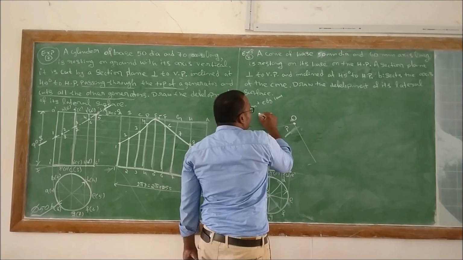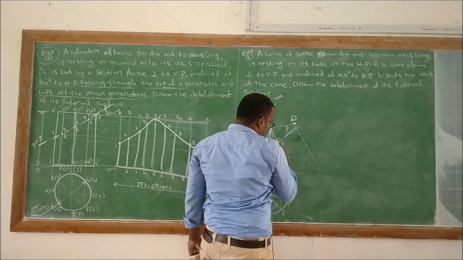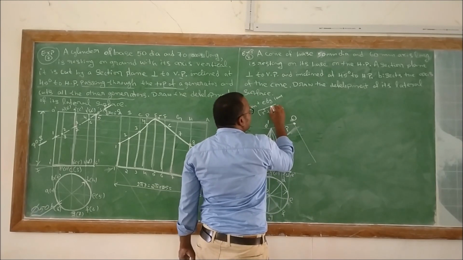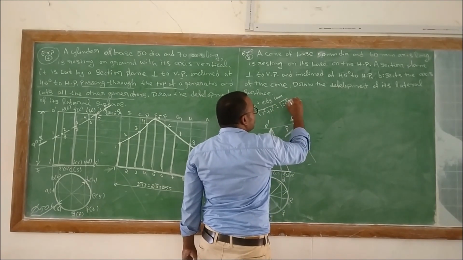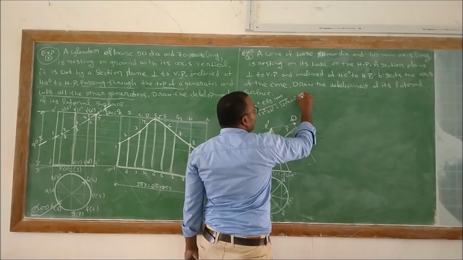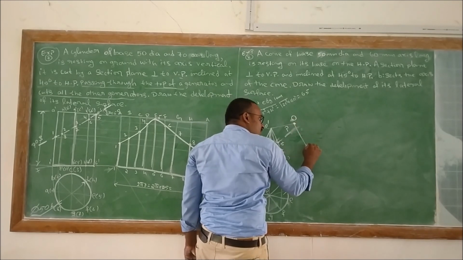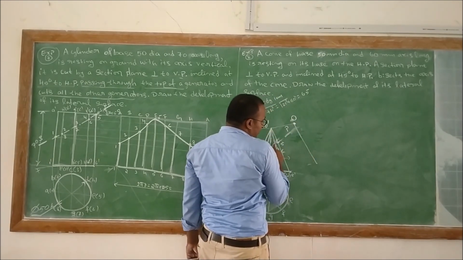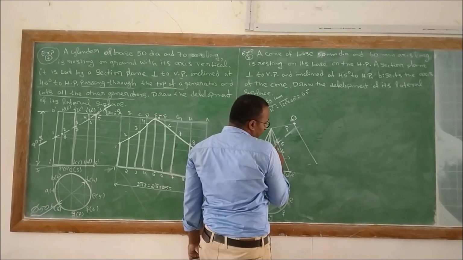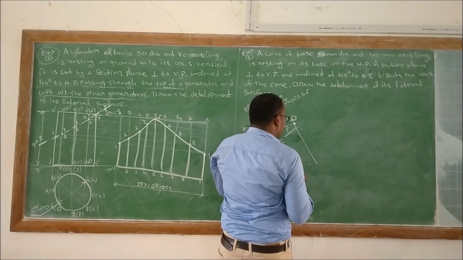Slant edge length is equal to root of small r square plus axis height h square, which is equal to root of 25 square plus 60 square. We will get 65. So here the length of this particular line is 65, and it should be parallel to this line. Please make sure that this is parallel to that particular line, or else we will draw it separately.